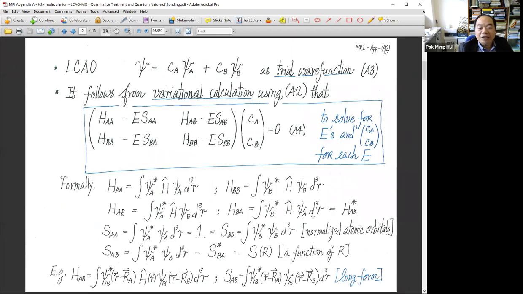Now, we set up the variational calculation. So we know what to do. A is 1s on the left, B is 1s on the right, okay? So we do a linear combination, then we go back to the first week of our course.